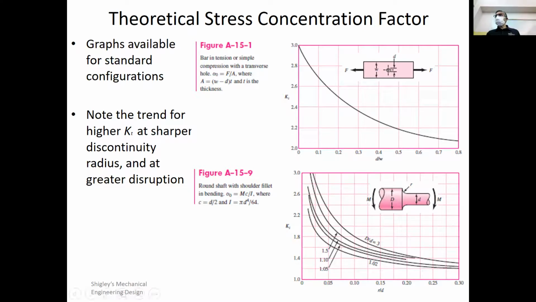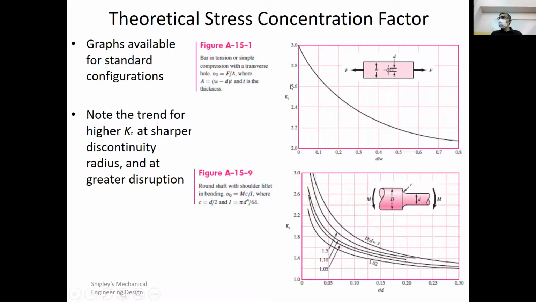So we know that we can calculate the nominal stress, sigma naught, by taking the force divided by the area. Uniform stress distribution when there is no cut. But around the cut, the stress could be as much as 3 times as much as the nominal stress.